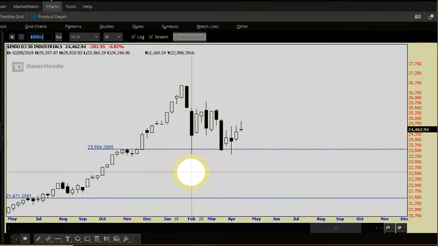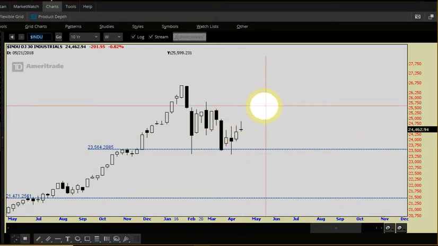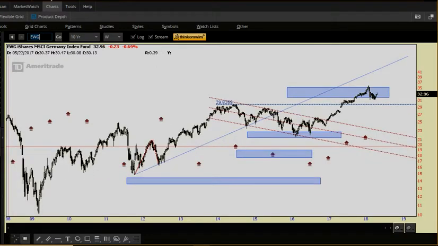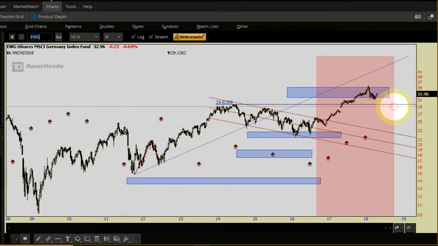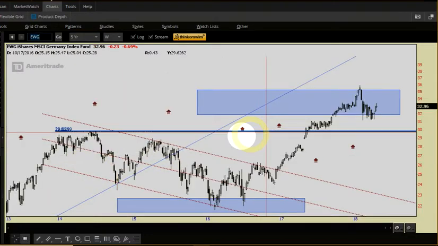You just don't know. So don't be greedy here, trying to hope that this gets back up here. The pattern looks pretty clear. I mean, it still could be wrong, but it just looks really clear. Here's some of the other countries. Let's get back to a 5-year chart.